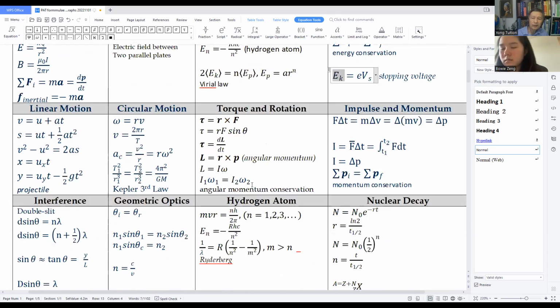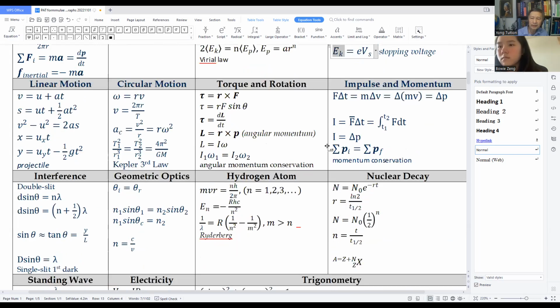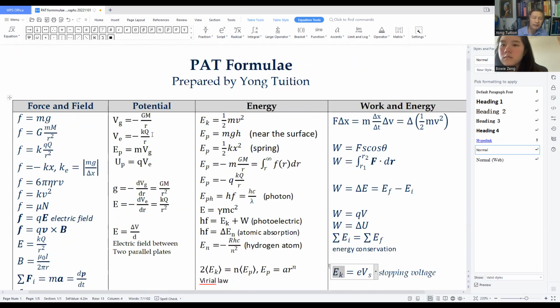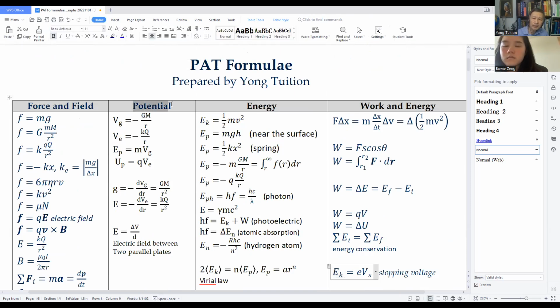Now, these are other formulas. You know the formula for circular motion, torque. Yes, we have done that. Here, I'm also mentioning what you asked, we discussed the difference between potential and potential energy. That is why I put the potential formula in this category, but the potential energy in the energy category. Can you see? Potential is different from potential energy.